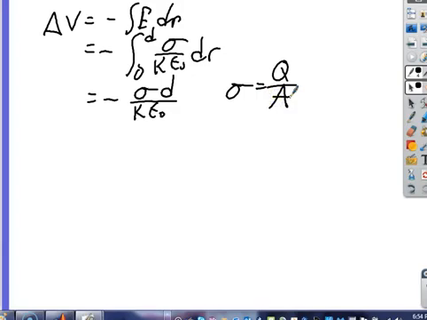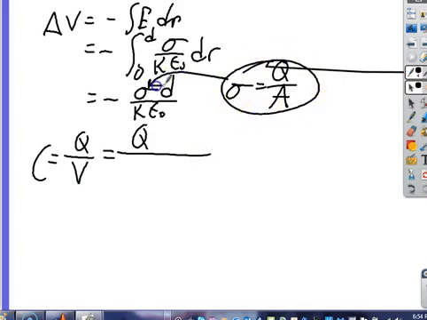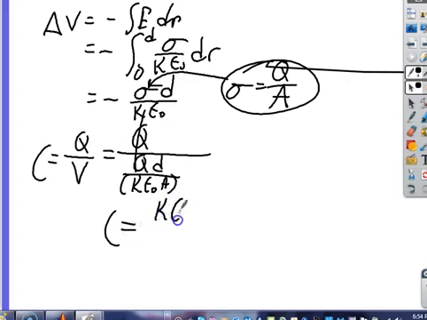And I'm going to substitute that in because capacitance is equal to Q over V. So I have Q over, substituting this in for sigma, gives me Q D over kappa epsilon naught A. The Q's cancel out, and I now have the capacitance equals kappa epsilon naught A over D.